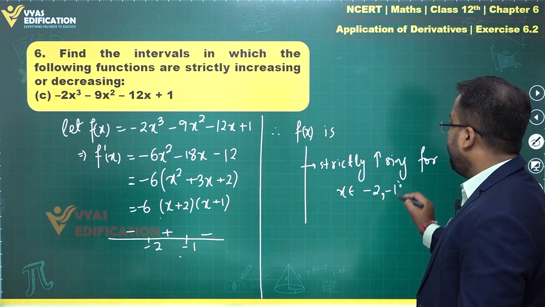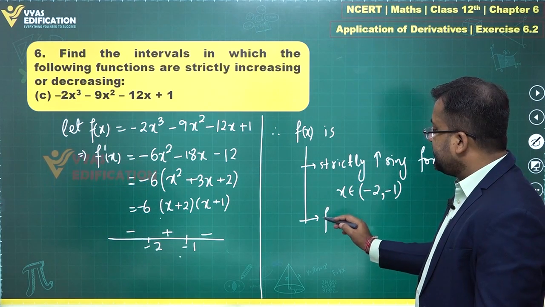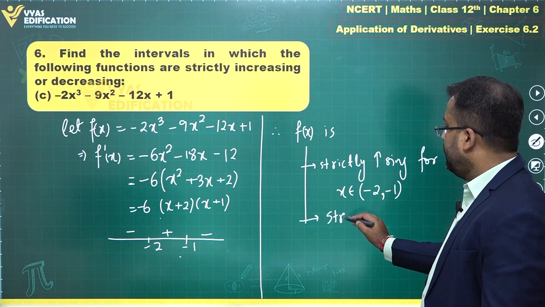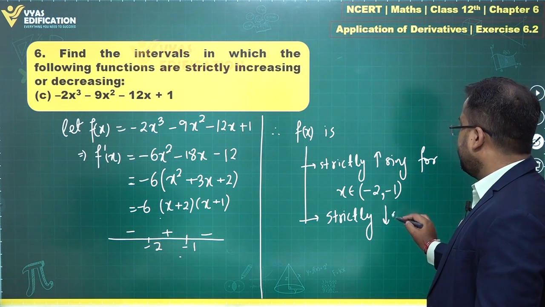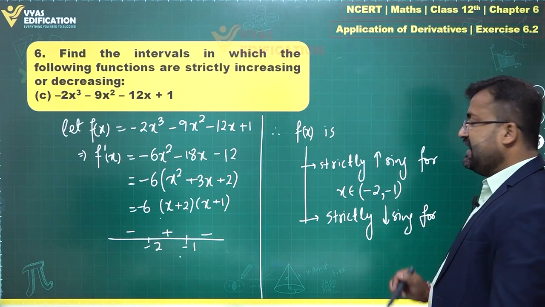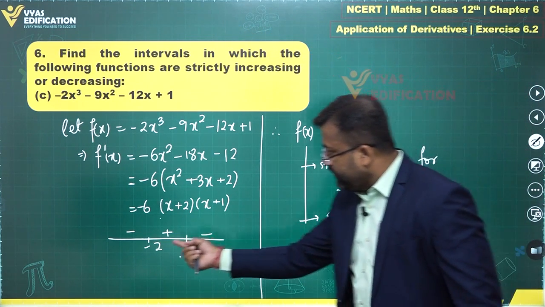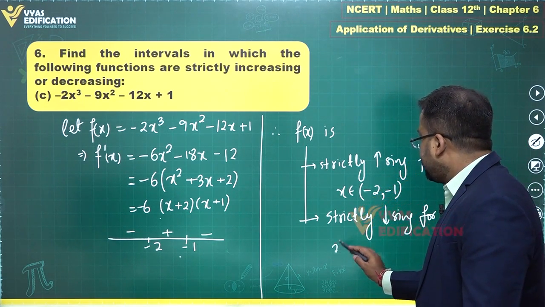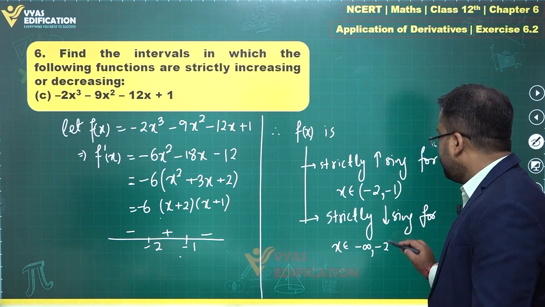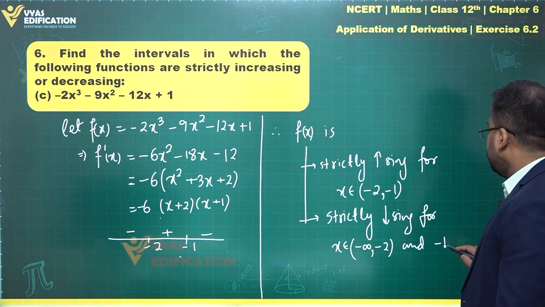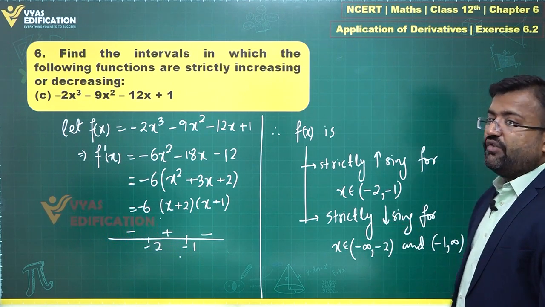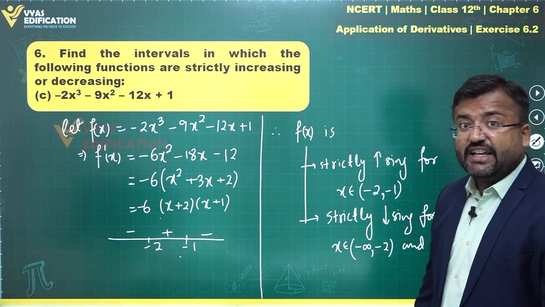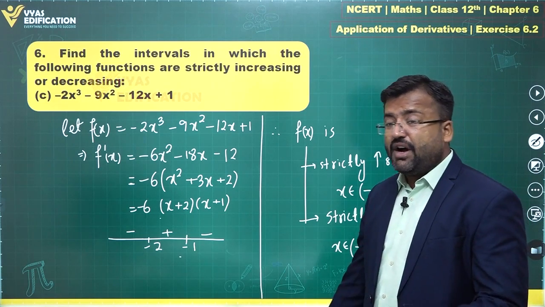And f(x) is strictly decreasing for x belongs to (-infinity, -2) and (-1, infinity). These are the intervals for which the function f(x) is strictly decreasing, and this is the interval for which f(x) is strictly increasing. This is part C. Let's see part D now.